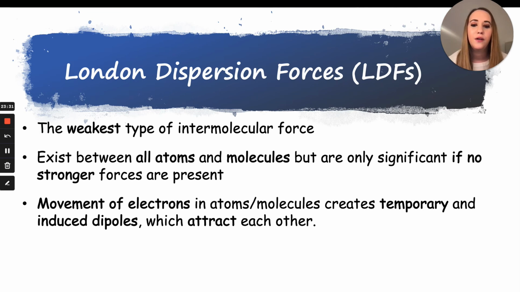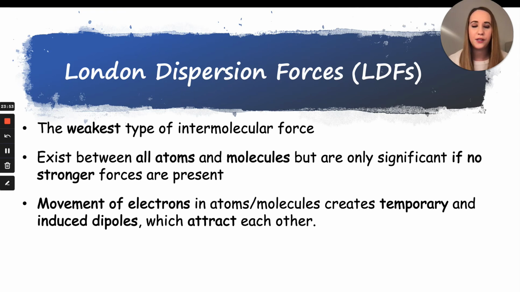So you get these areas created in the atom where there's a slightly negative charge because all the electrons are over there. But as a result, the other side ends up slightly positive because there's no electrons over here. So we've got what we saw with polar bonds.